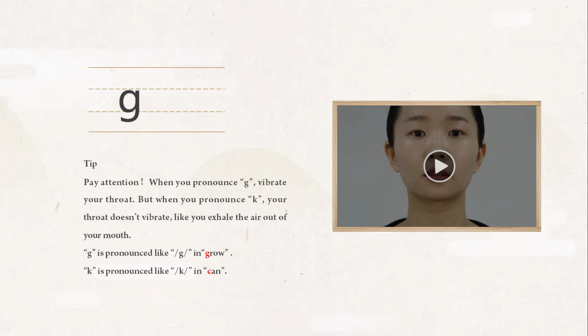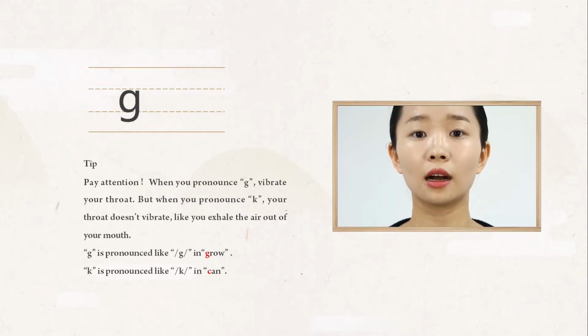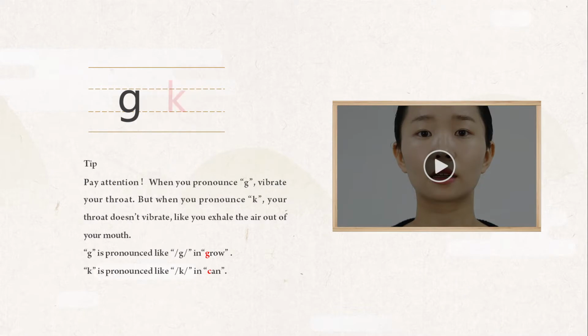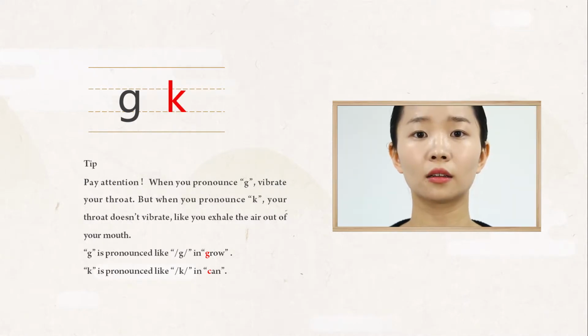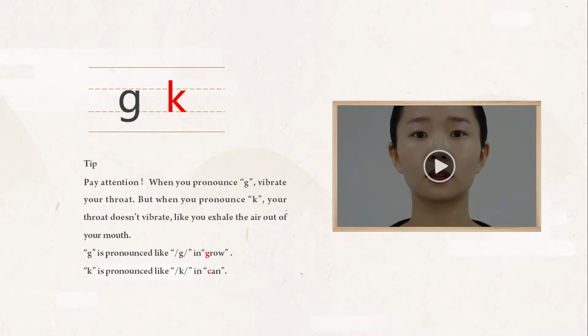G. ge. K. ke. Here's a tip. Pay attention. When you pronounce G, vibrate your throat. But when you pronounce K, your throat doesn't vibrate, like you exhale the air out of your mouth.